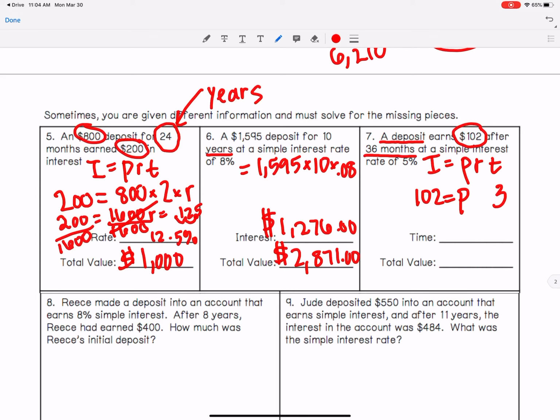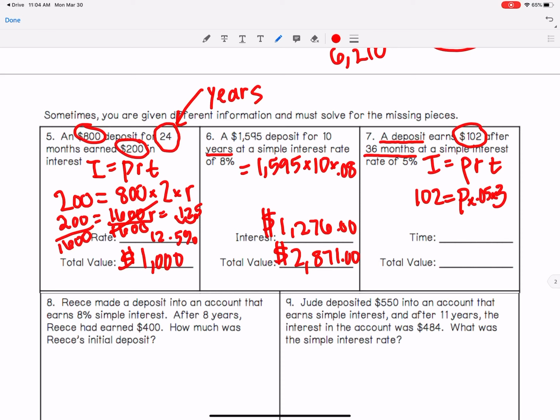Well, 5% in a decimal is 0.05. So I'm going to times all of these together. 0.05 times 3 times P. Sorry if you can't read that. It says 102 equals P times 0.05 times 3.